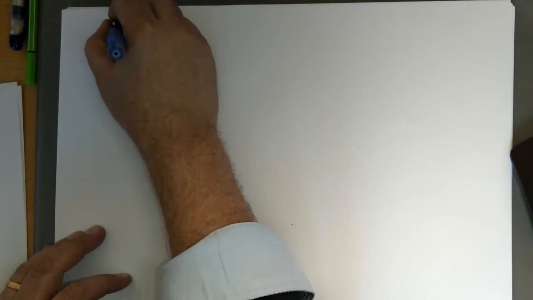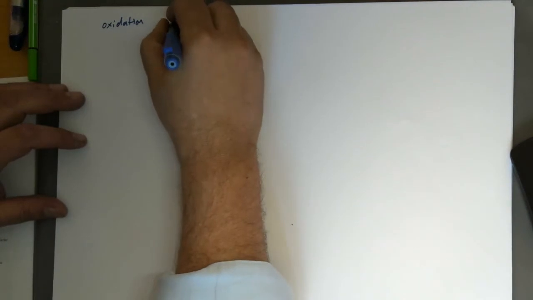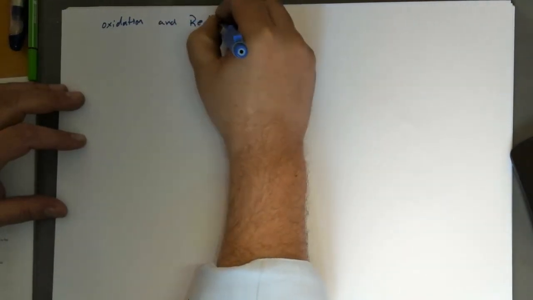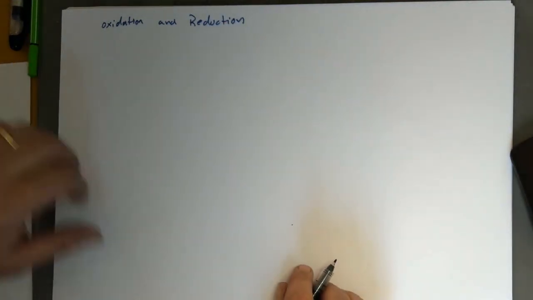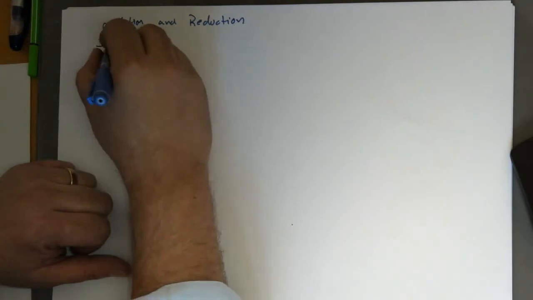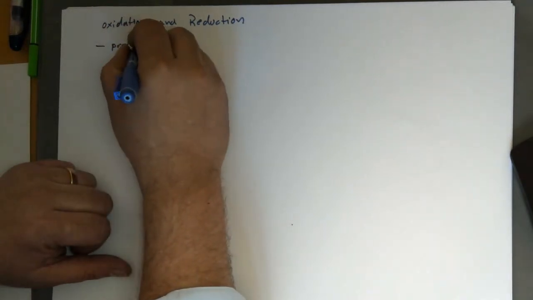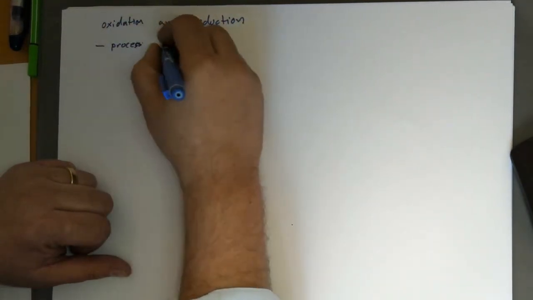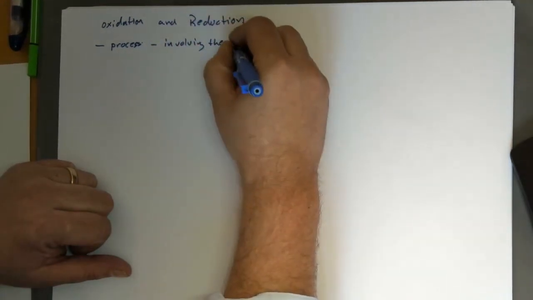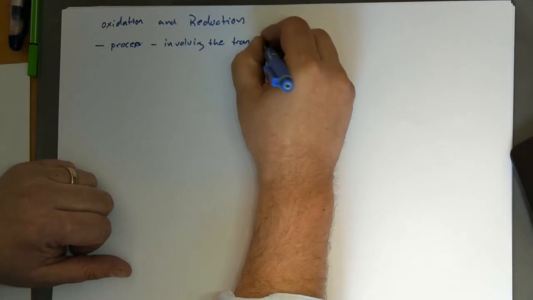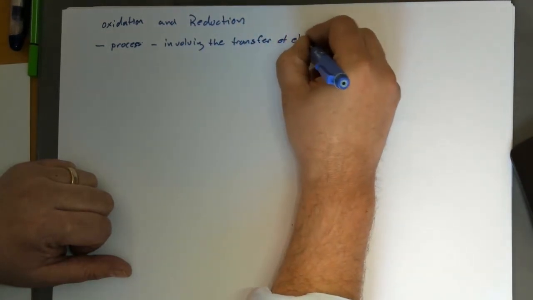This video is going to be about something called oxidation and reduction. Now, oxidation and reduction refers to a process involving the transfer of electrons.